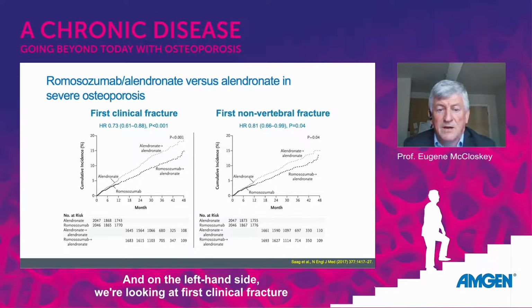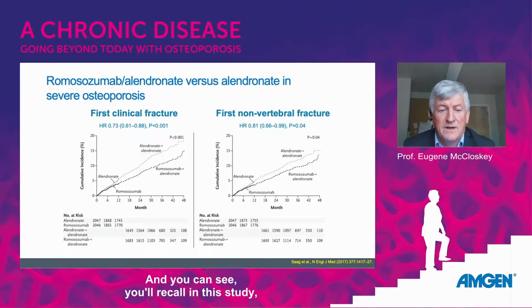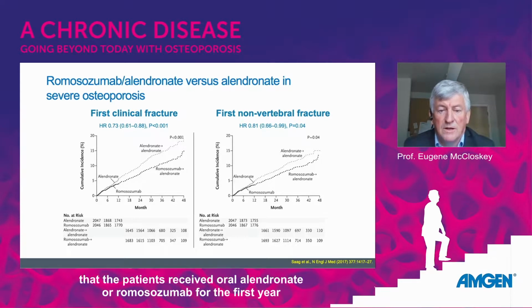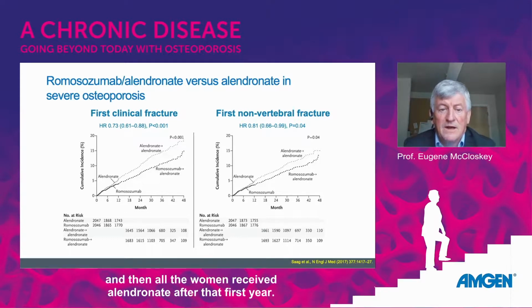On the left-hand side, we're looking at first clinical fracture, and on the right at first non-vertebral fracture. You'll recall in this study, that the patients received oral alendronate or romosozumab for the first year, and then all the women received alendronate after that first year.